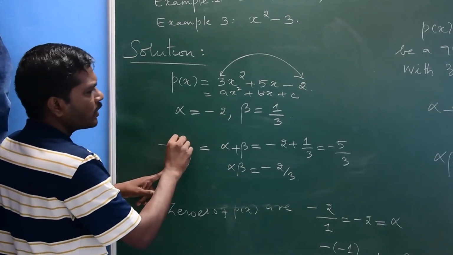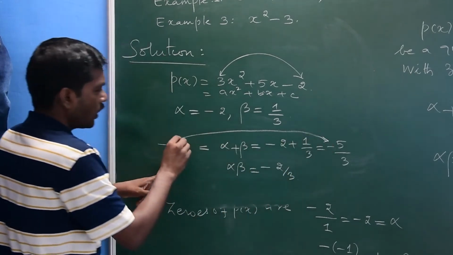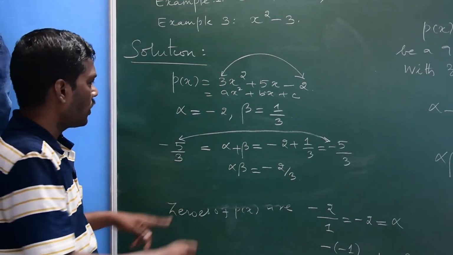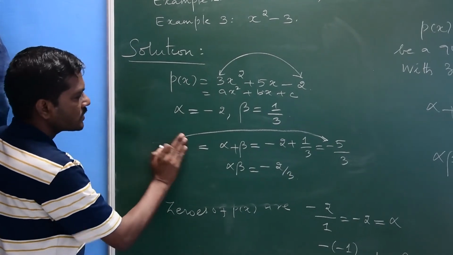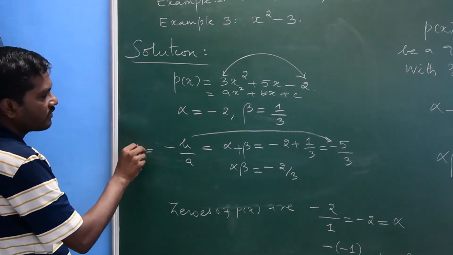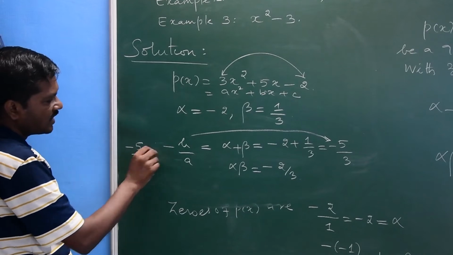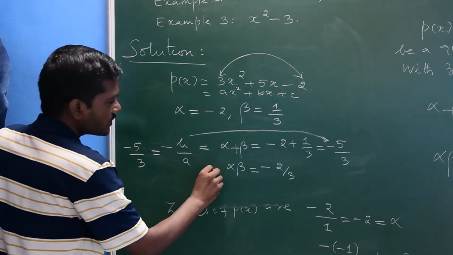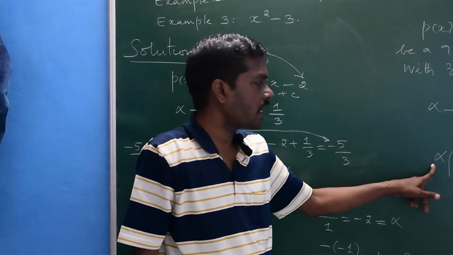See, they happen to be one and the same. So this is verified: minus b by a is equal to minus 5/3, and the sum is equal to minus 5/3.